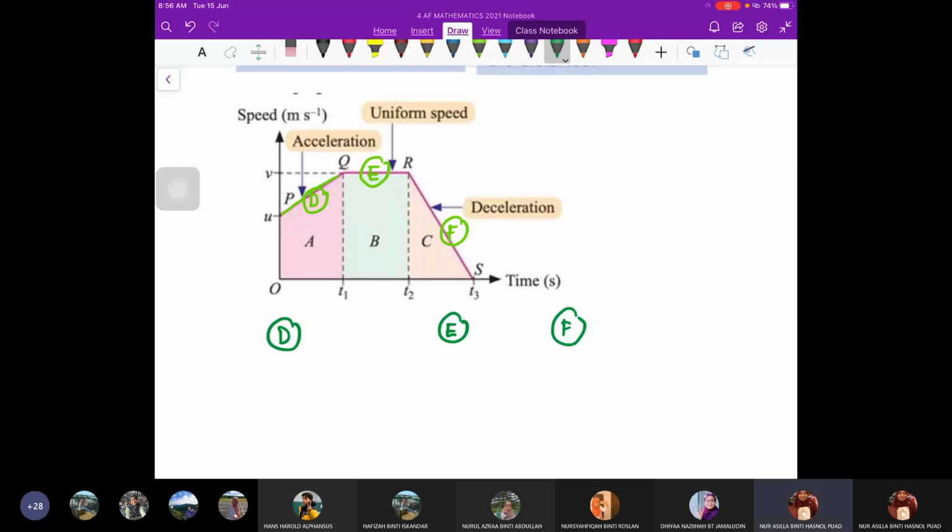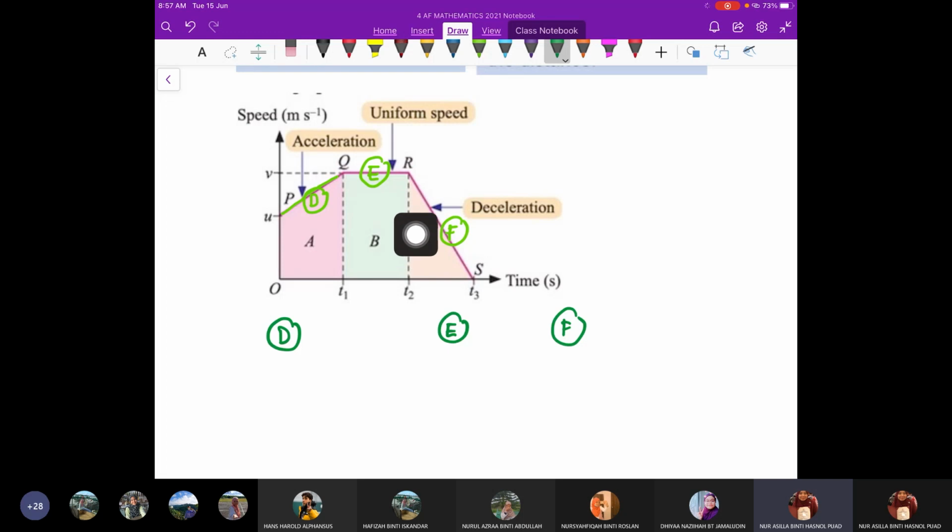Sekejap ya. Okay. So dekat D ni maksudnya dia sedang accelerate. Dia sedang naikkan kelajuan. So kalau naik kereta, dia tengah tekan minyak. Dia tekan minyak, dia accelerate and then dia maintain speed dia. And then dia turun kat sini, dia decelerate. Maksudnya dia lepaskan minyak dan dia tekan brake.